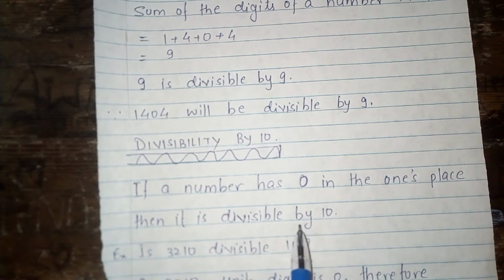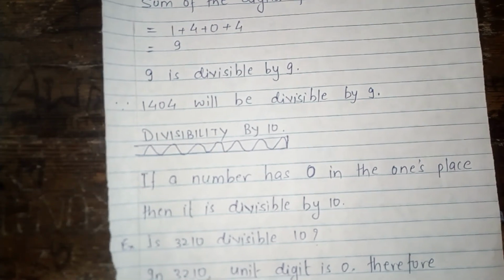The meaning is if the unit digit of any number is 0, then the given number will be divisible by 10.